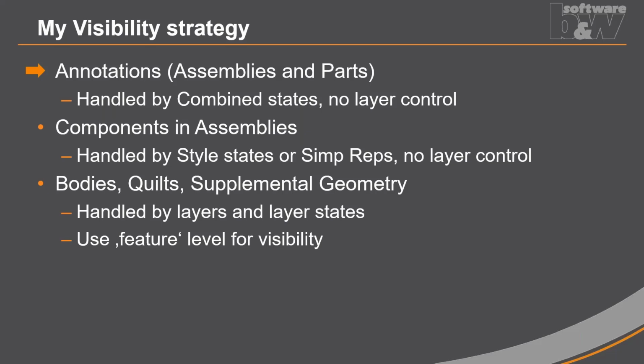So I'm not putting any annotation on a layer. Same with components in assemblies. I handle components and their visibility by style states or simpreps, and I'm not using layers for that. But for bodies, quilts, and supplemental geometry, I use layers to control the visibility. And in the first place, I try to use the feature level for visibility. There are some exceptions, but I'll talk about this a little later.